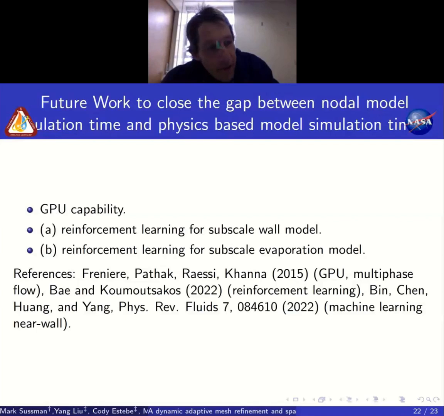We have found that if we have a strategic subscale model for the rate of evaporation and also at the wall where the heater is, then we can recover reasonably accurate results on coarse meshes. But this is still research in progress.